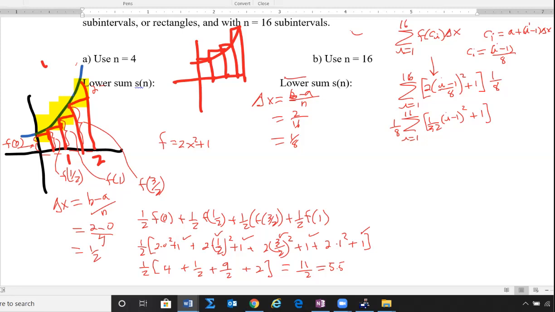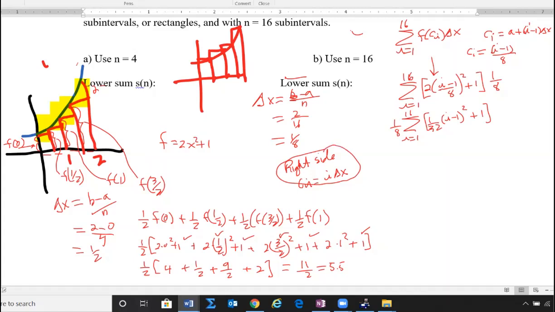So that's for a left side of your rectangle. If you were going to use the right side, just to make a note, it would just be c sub i equals i delta x. Okay, and i runs from 1 through 16. So this would be right sides. Okay, we're using left side, so we don't need that.